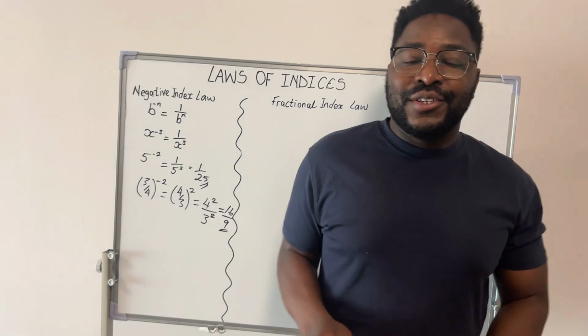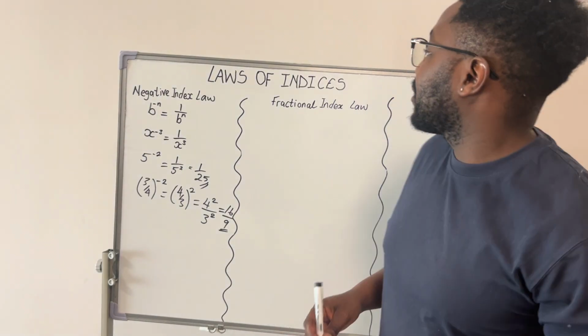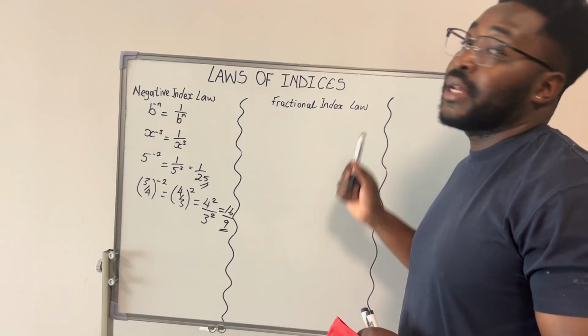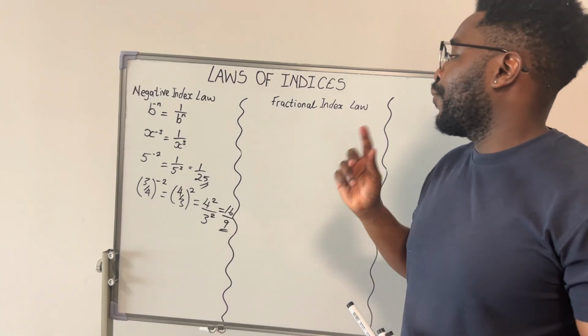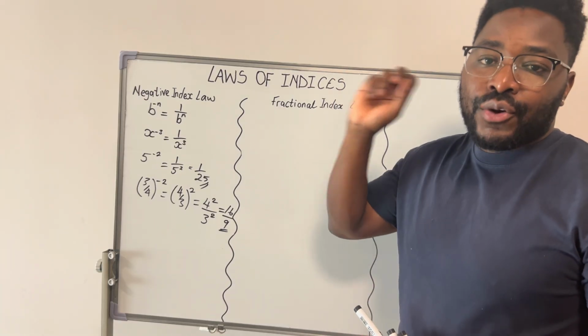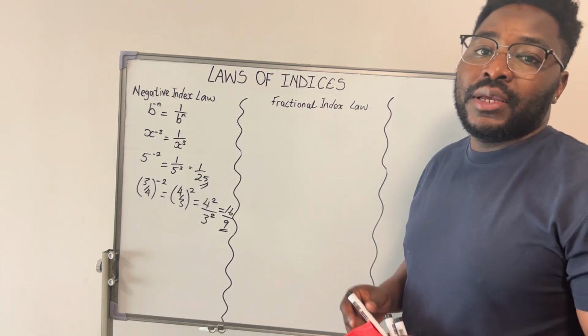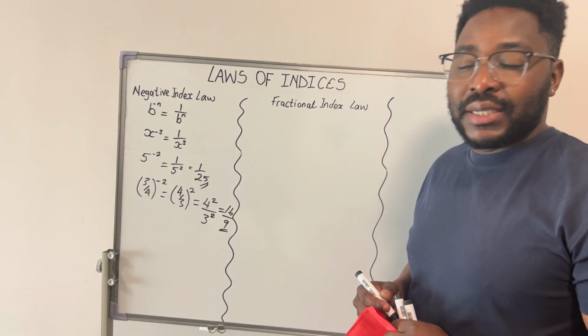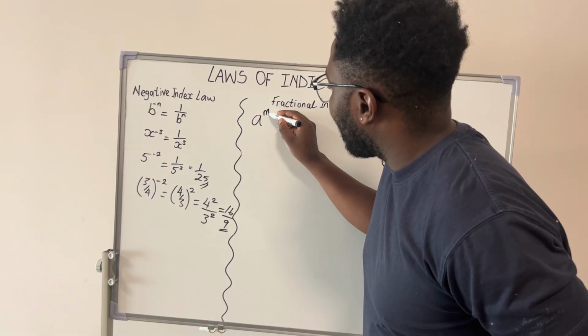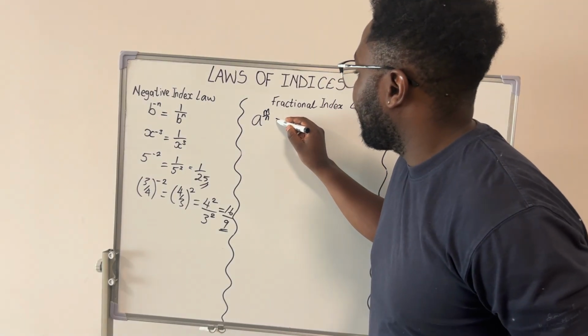Now let's take a look at the last law of indices that we are learning today, which is the fractional index law. Fractional index law represents a root and possibly a power. What does that mean? Let's say we have a raised to a fraction m over n.